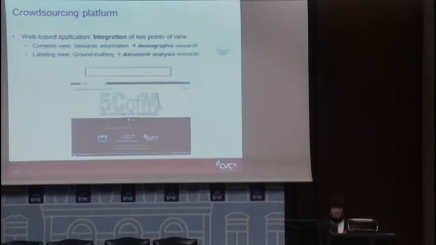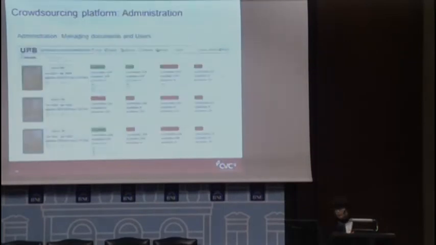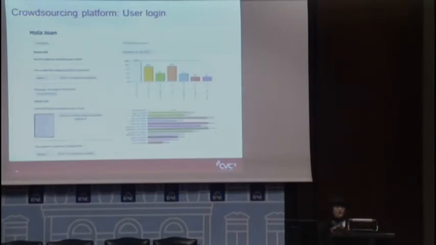Now that we have seen a bit how it works, from the administration point of view, we can upload as many documents as we want. The different red and green show which volumes have been finished and which not, and who should be assigned to each of the tasks. This is the welcome screen, where we can see the work that we have been doing.